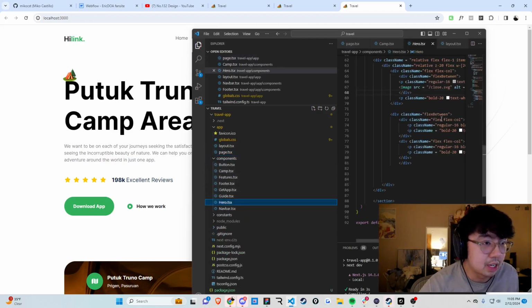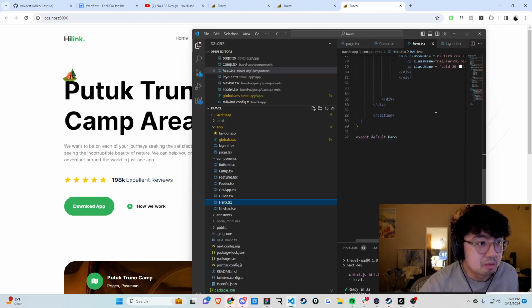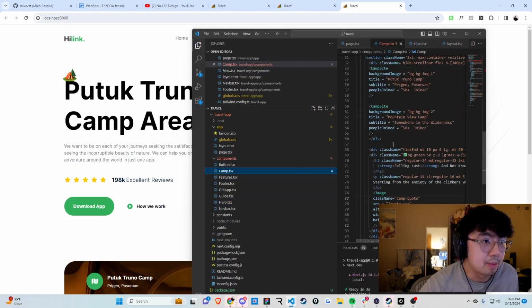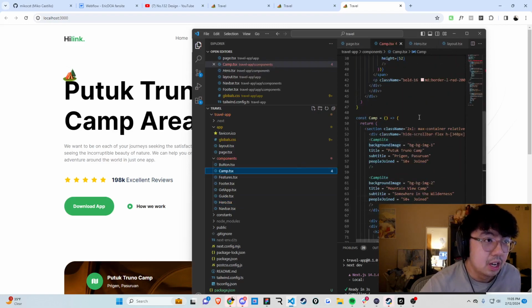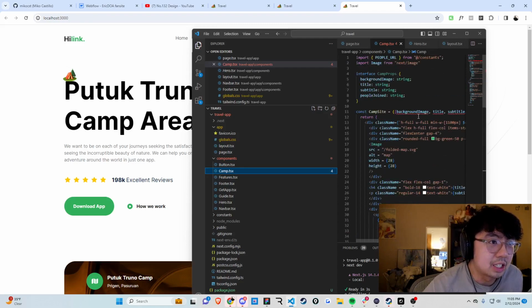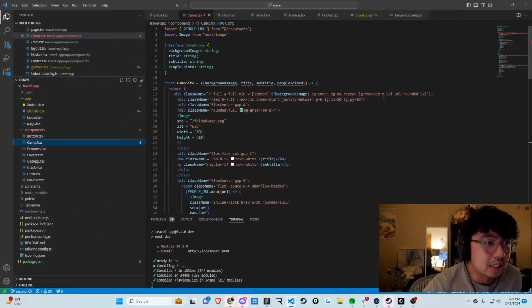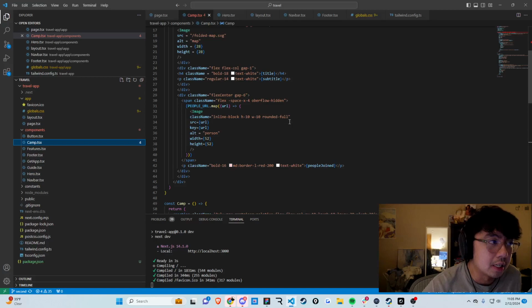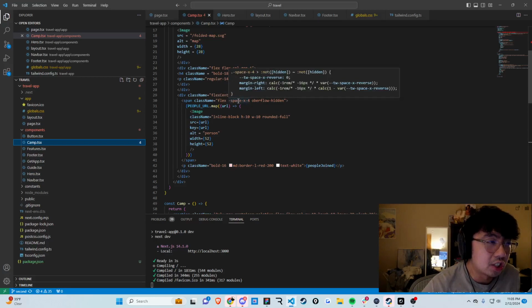So like my hero section is a component, and then my camp section is also a component. And I still have to go through this code more and look through ChatGPT and try to explain it to myself. I think it's mainly the Tailwind that I'm a bit unfamiliar with, just because I'm not sure what most of the classes that are used entirely do.